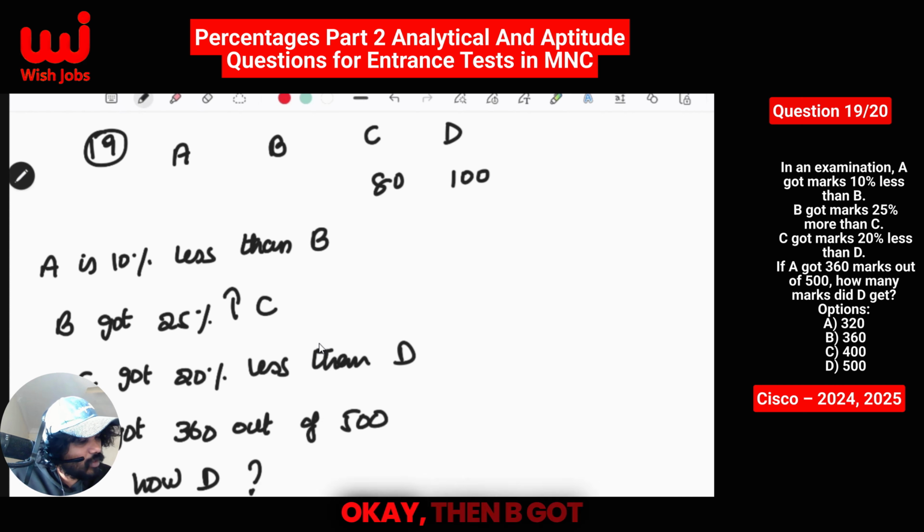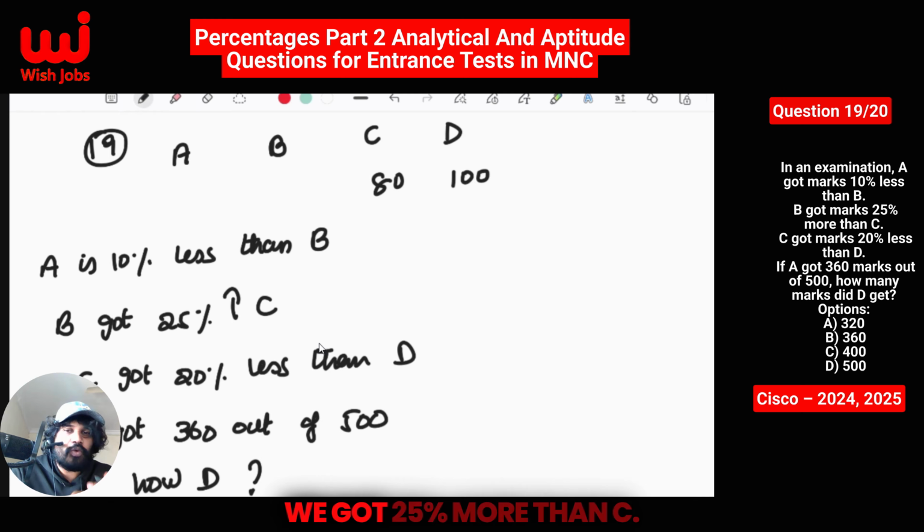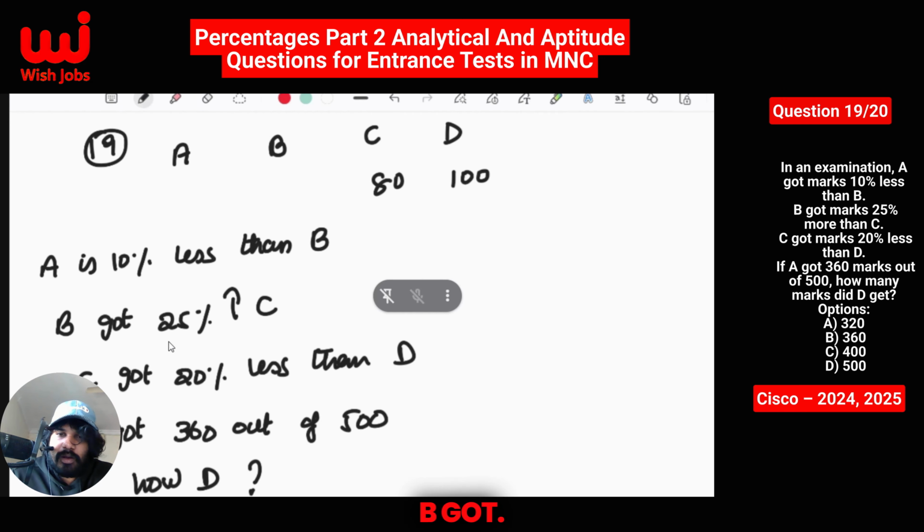Then B got 25% more than C, so how much will B get? 1 by 4 of 80 is 20. So how much will B get? Why 60? B got 25% more than C.